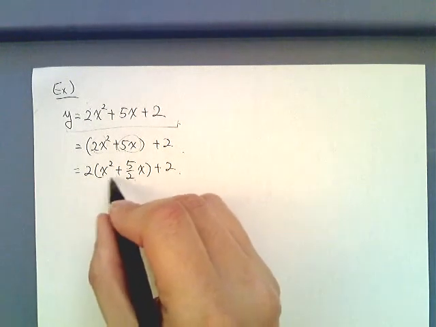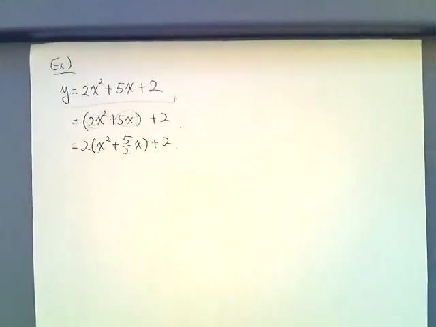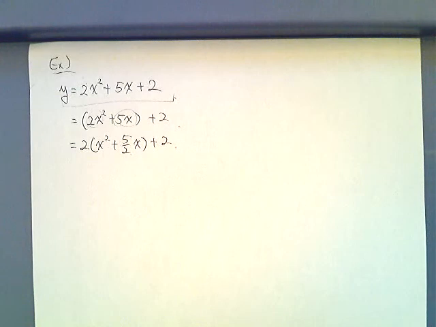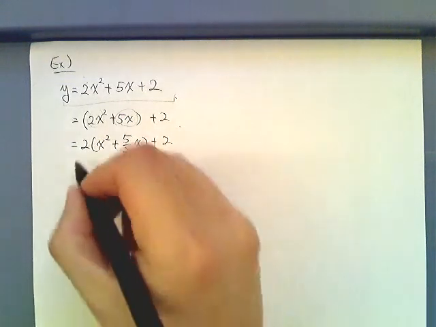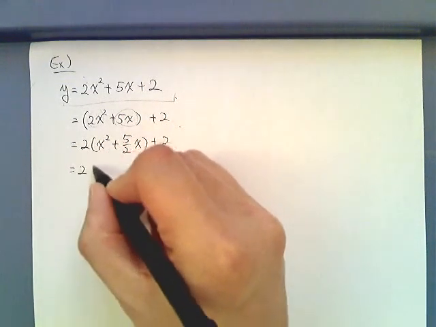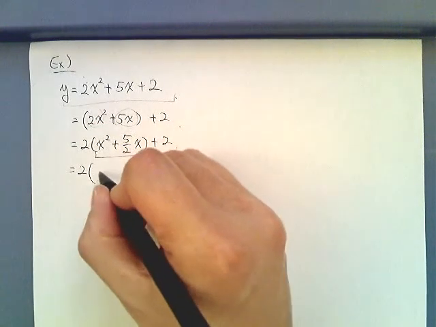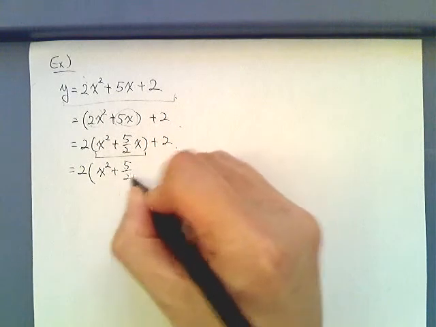Now, if you're having trouble with how I got 5 over 2, you really have to start working on your factoring again. I told you numerous times that unit 3, which was factoring, is used in units 4 and 5 and in grades 11 and 12. Now, the same thing, so we are trying to make this one a common factor, so I'm going to go step by step. X squared plus 5 over 2 x.